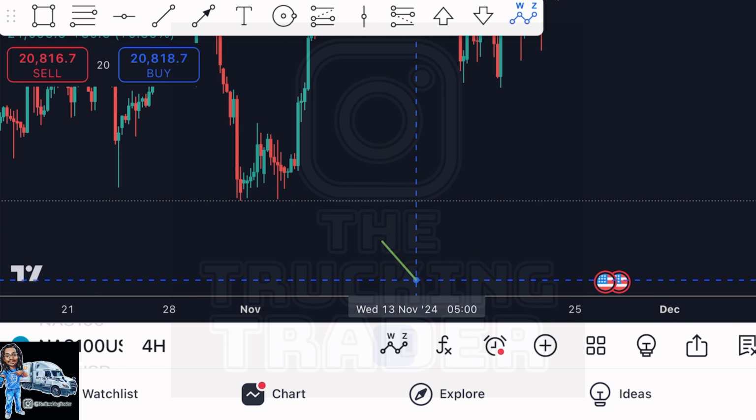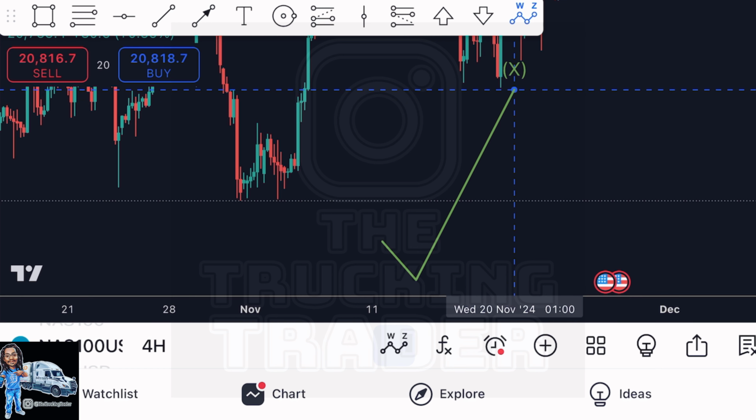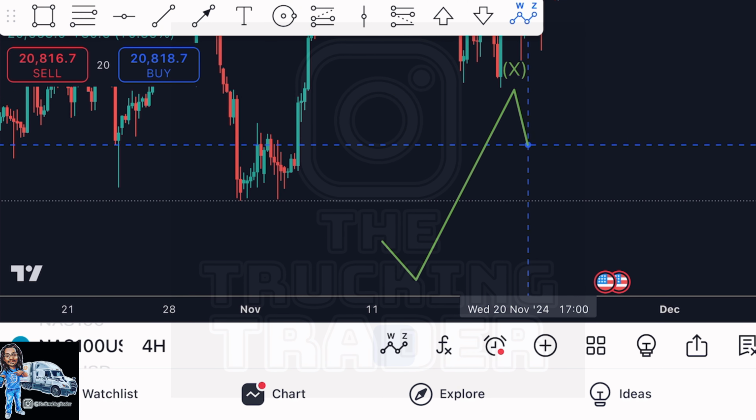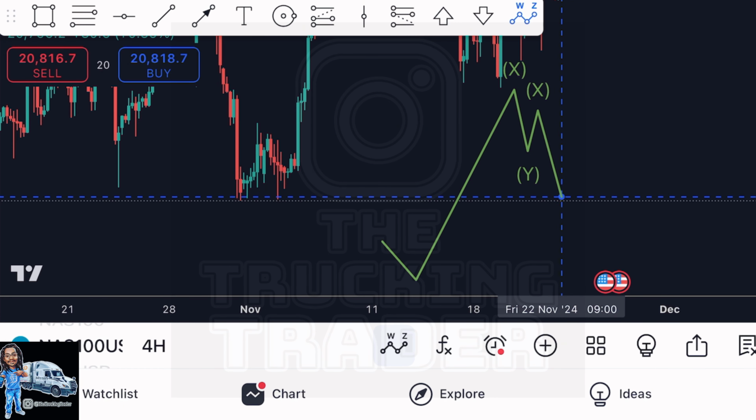We make a swing low, then the market pulls all the way back up, makes a swing high, then the market creates a low, right? Now, what you want to see is this pattern right here. You want to see the market come back up here. It could either sweep this high, or it can stop before that high. But either way, what you want to be looking for is a shift like this, right?